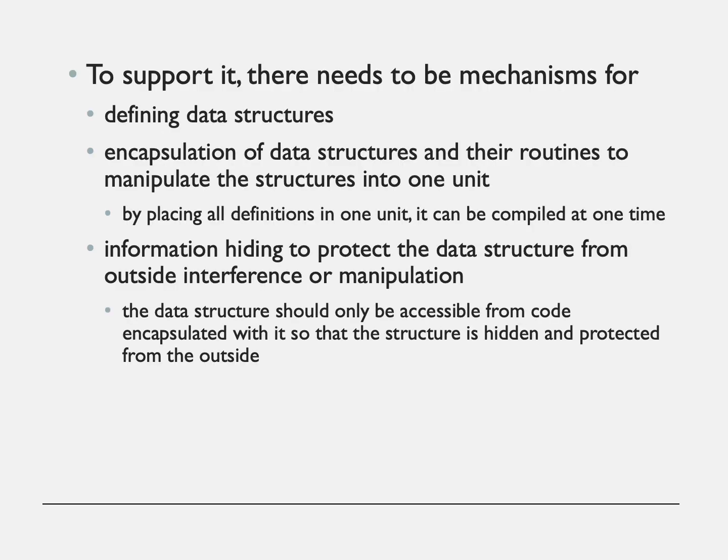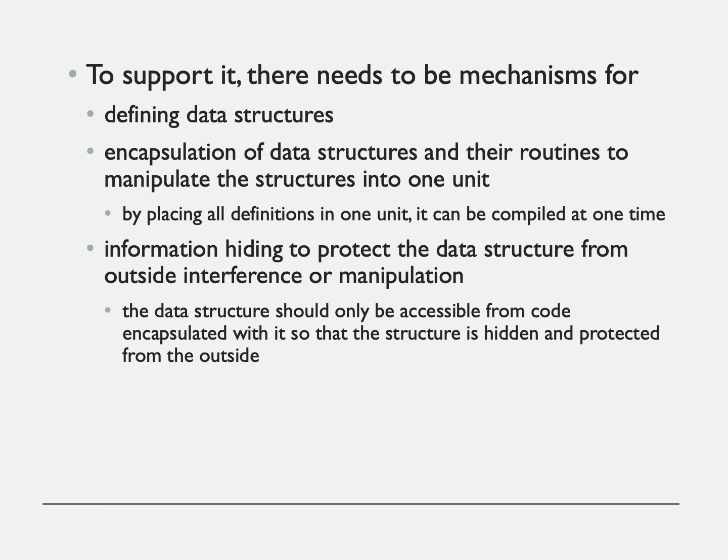So to fully support abstract data types, we need to implement a few critical mechanisms in our programming language or design approach. First, we need a way of defining data structure, the blueprint for how our data is organized.